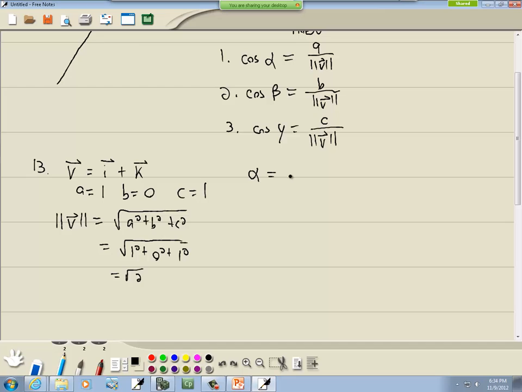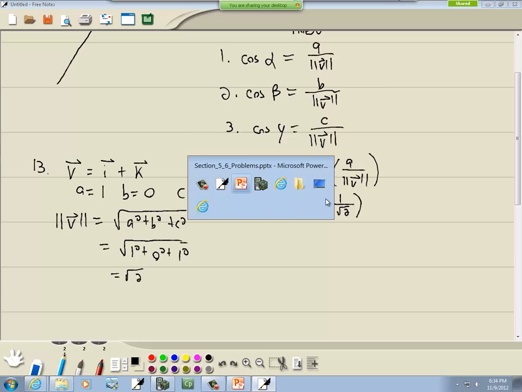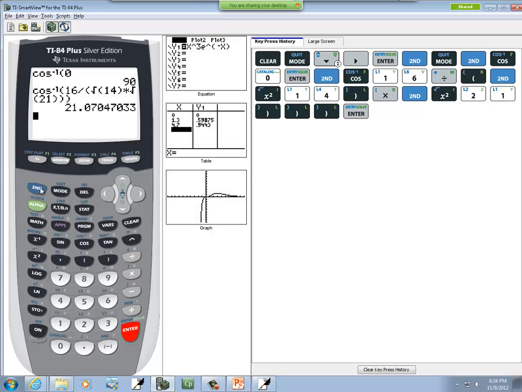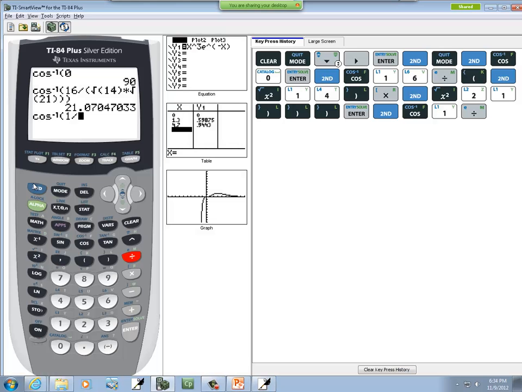So alpha is going to equal the inverse cosine of A over the magnitude of v, which gives us the inverse cosine of 1 over the square root of 2. So inverse cosine of 1 divided by the square root of 2, and we get 45 degrees.